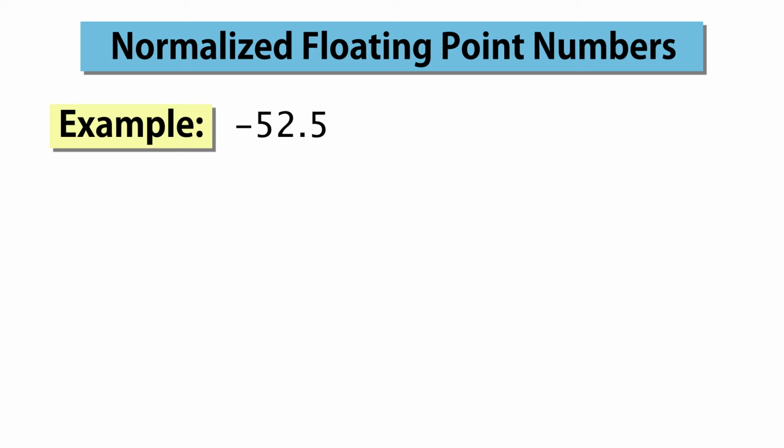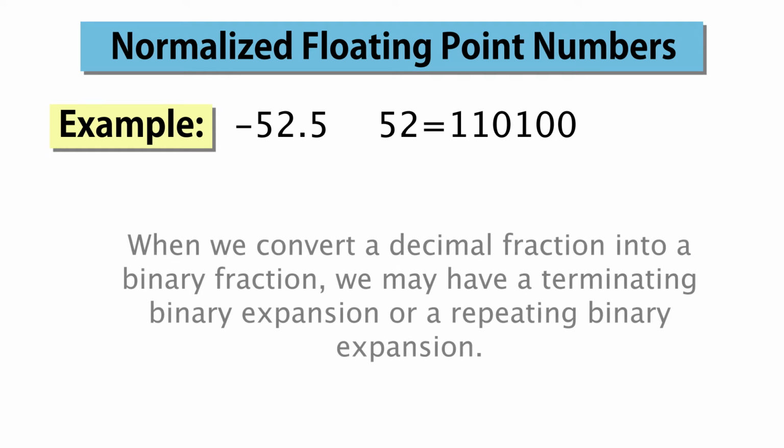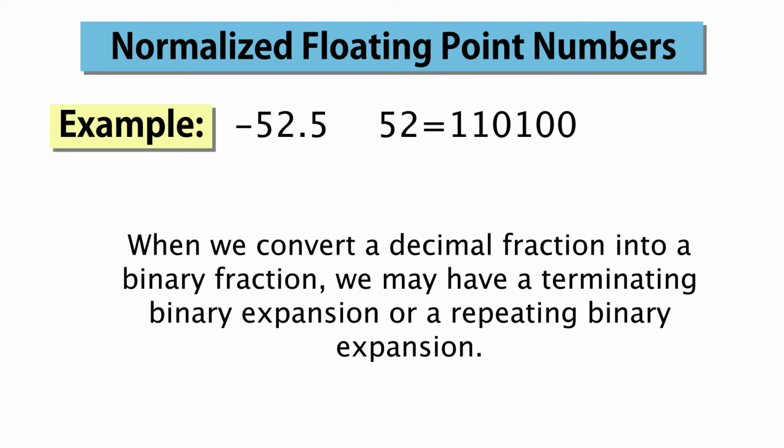The first step is to turn this decimal number into its binary equivalent. The integer part is easy. Decimal 52 is equal to binary 110100. Now let's look at the part after the decimal point. When we convert a decimal fraction into a binary fraction, we may have a terminating binary expansion or a repeating binary expansion.